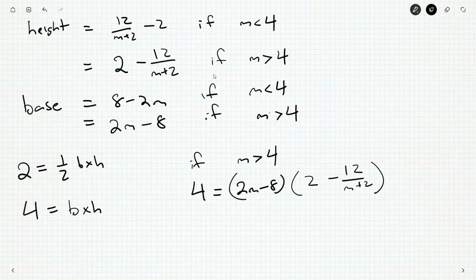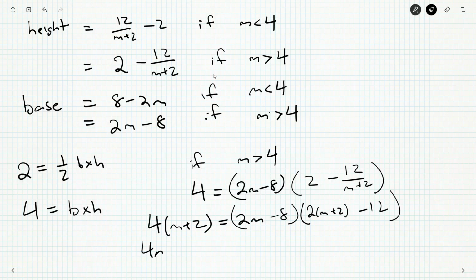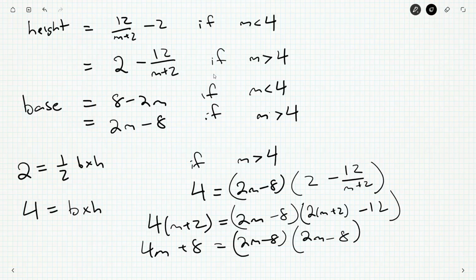Multiply by m plus 2 on both sides, just to get rid of this, so 2m plus 2 minus 12. So we'll have 4m plus 8, 2m minus 8. 2m plus 4 minus 12, so that'd be, again, 2m minus 8.